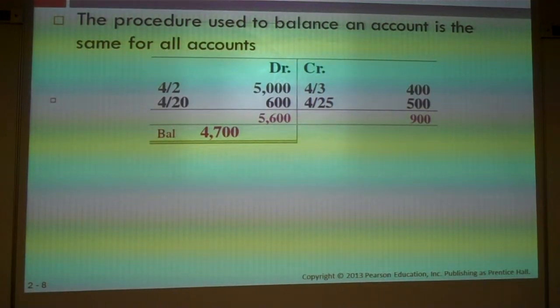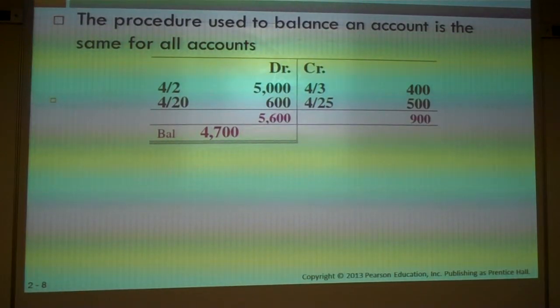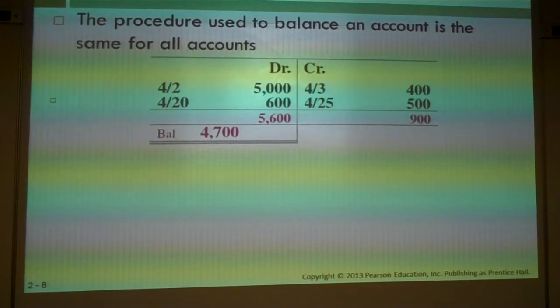What is it called when we added the 5,000 and the 600 together and added the 400 and the 500 together? From your reading, what's that called? Footings. Okay, footings. And we came up with a balance of $4,700 because we took the 5,600 and subtracted the 900 from it.